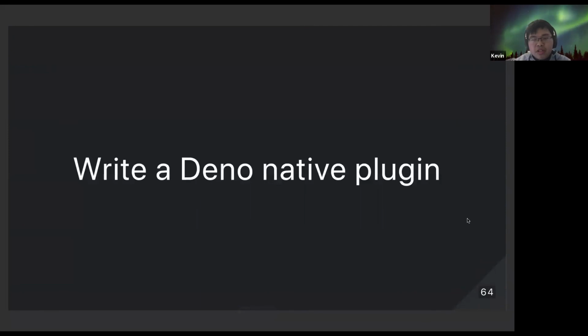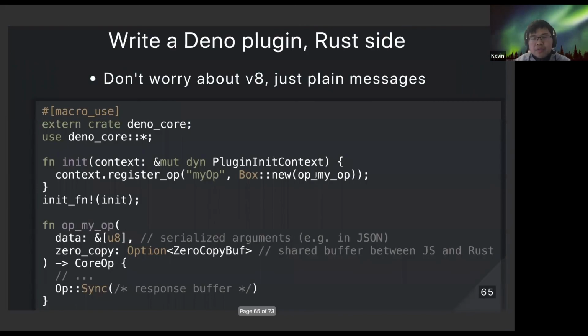So we're also now able to let people write native plugins for Deno, but it's also going to be based on the message architecture. When you add a native plugin to Deno, you write functions that take in two parameters, both of them like a buffer.